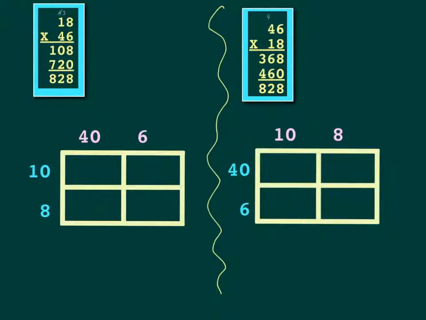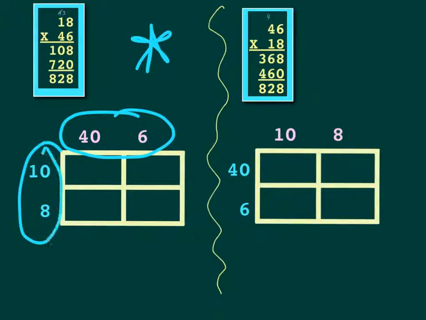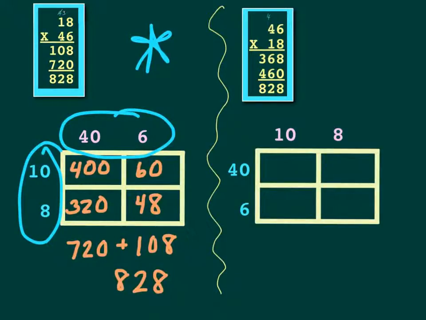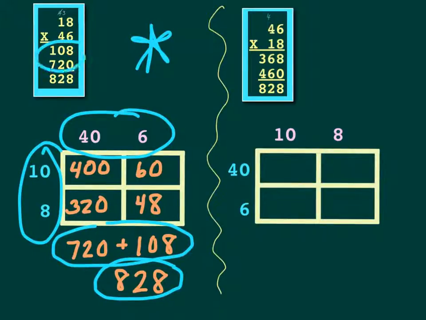I've placed the problems at the top so we can compare them in the end. On the left, you're going to see we have 46 on the top and 18 on the left-hand side. You will notice as I have solved this problem that my answer is still going to be 828, but when I set it up this way, I'm actually getting two partial products that match the two partial products in my previous problem.